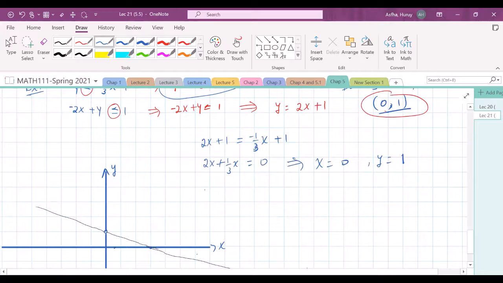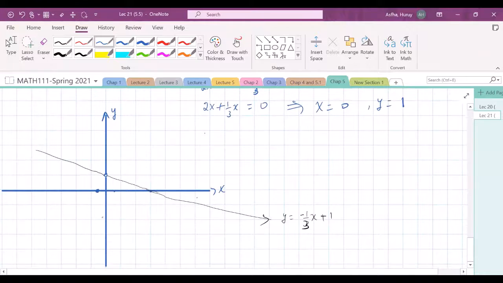So it will be right here. Sorry, negative 1/2. It should be like that. So it will be something like this. This is y equals 2x plus 1.